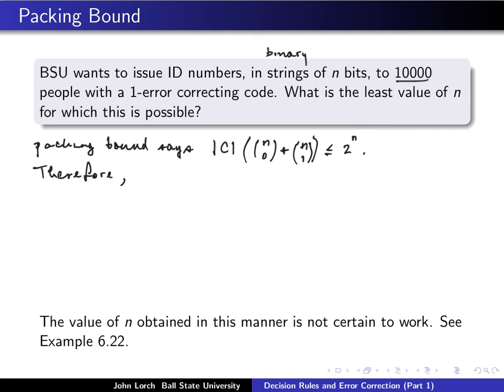Now I know the size of the code already. It's 10,000, right? So this says that 10,000 times 1 plus n is less than or equal to 2 to the n.